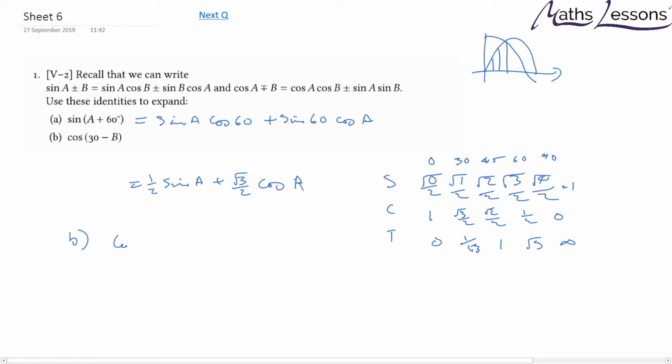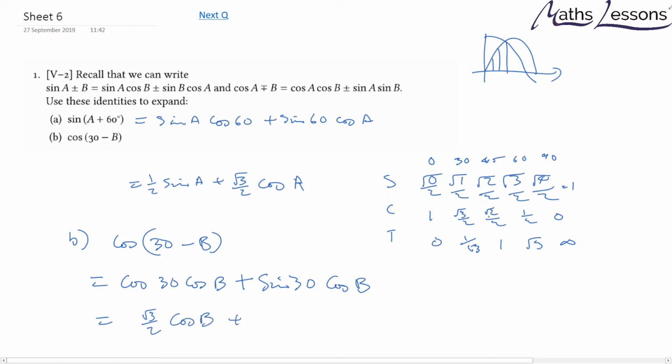And for B, we get cos of 30 minus B, that's equal to cos of 30 cos B, and if we've got minus here, we get a plus there, and we're going to get sine of 30 sine B. And cos of 30 is equal to root 3 over 2, so you get root 3 over 2 times cos B, plus sine of 30 is a half sine B. Sorry, there's a mistake there, apologies.